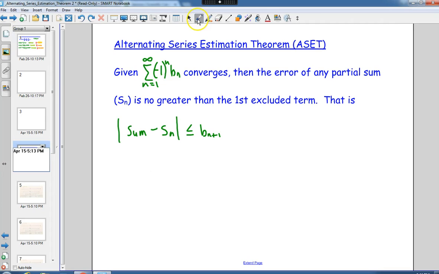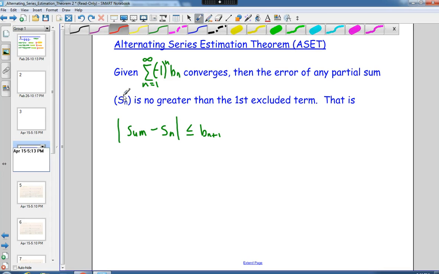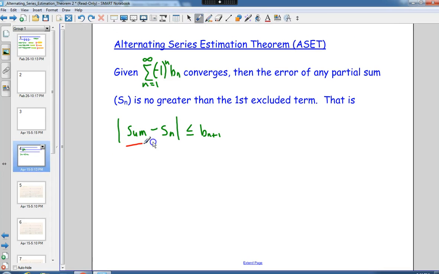And so what that means is that if we look at the difference between the actual sum and the partial sum, which some people will refer to as the absolute error, that difference can be no greater than the first excluded term to that particular partial sum.